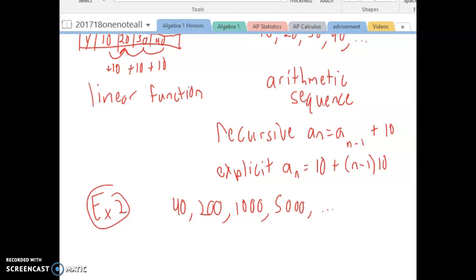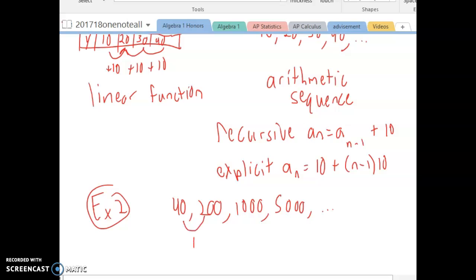How do we get from 40 to 200? We add 160. How do we get from 200 to 1,000? We add 800. So, since we are not adding the same amount every time, we know that this is not an arithmetic sequence. So, we want to think about geometric.